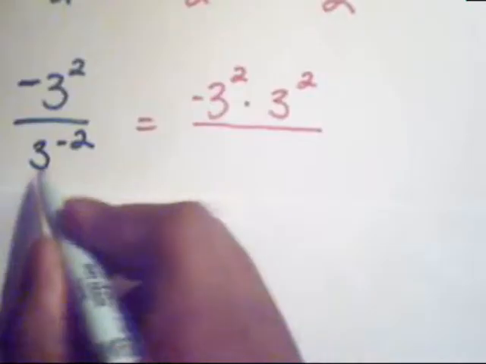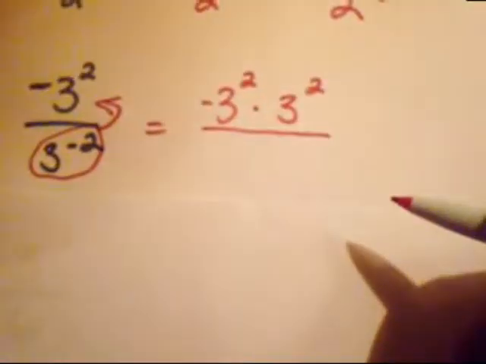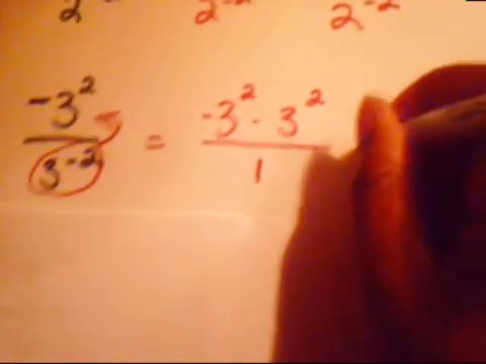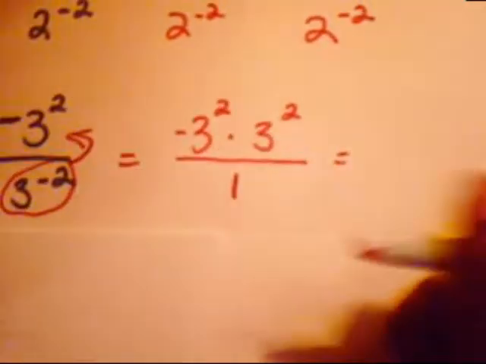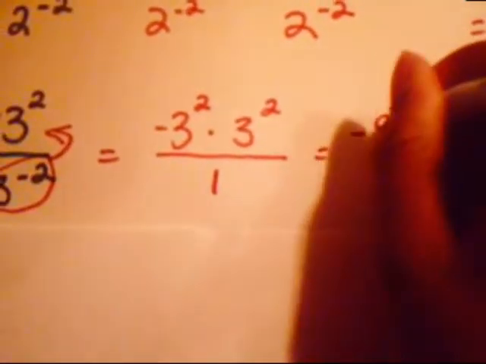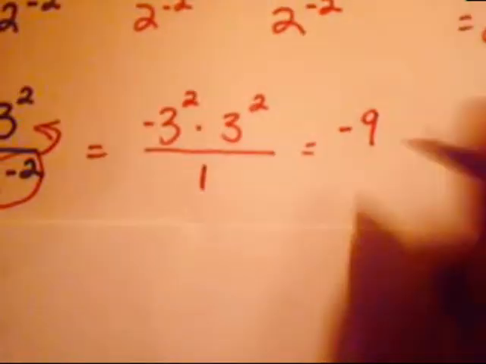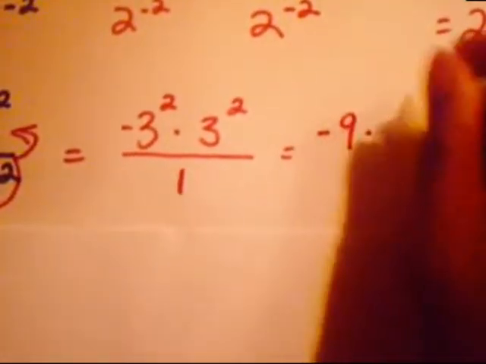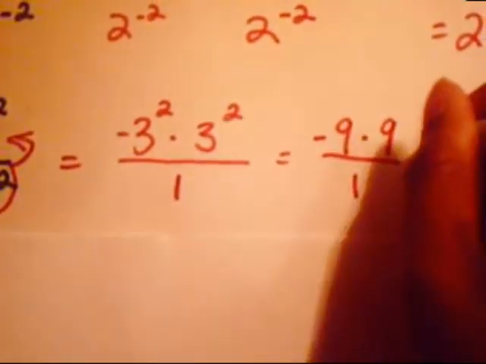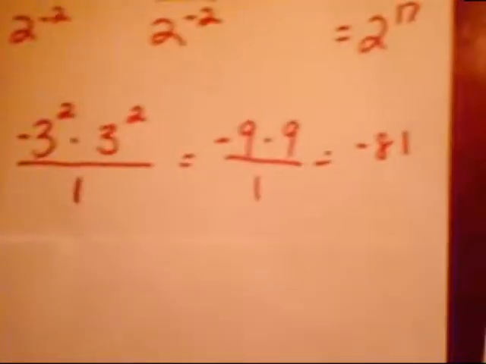Guys, notice that I took the 3 to the negative 2nd power and moved it up to the numerator. Okay? What will be left in the denominator? Just 1, right? Negative 3 to the 2nd power would be negative 9, and 3 to the 2nd power would be positive 9 over 1, which would be negative 81 in the end.